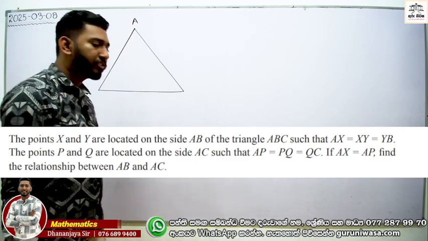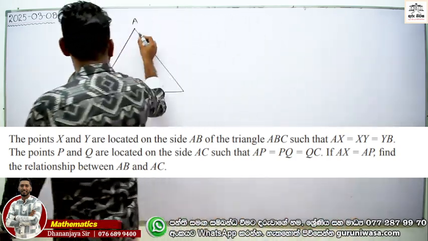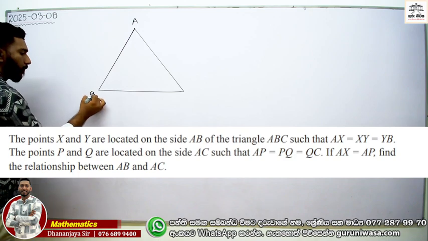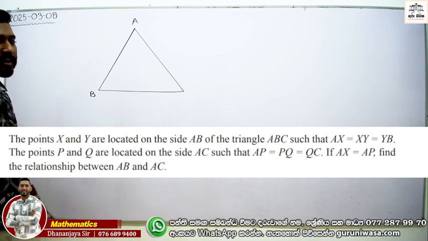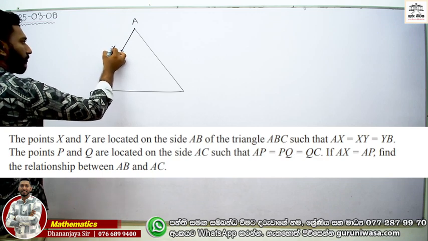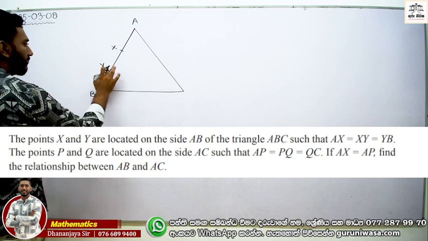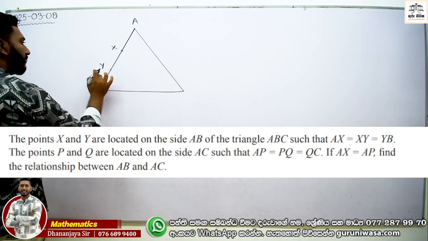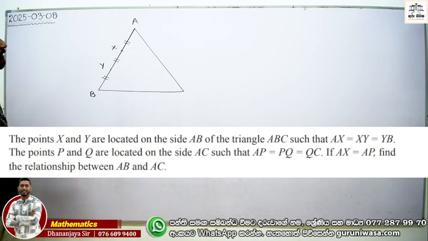The points X and Y are located on the side AB of the triangle ABC such that AX equals XY equals YB. That means these three sides should be equal.